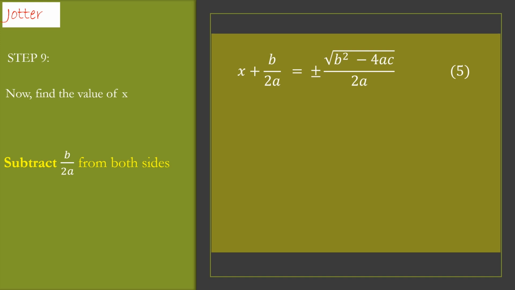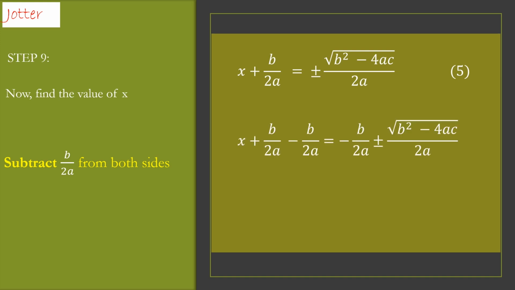And we now have b over 2a on the left hand side. We cancel b over 2a. And so we now have x equals minus b over 2a plus or minus the square root of b squared minus 4ac over 2a.